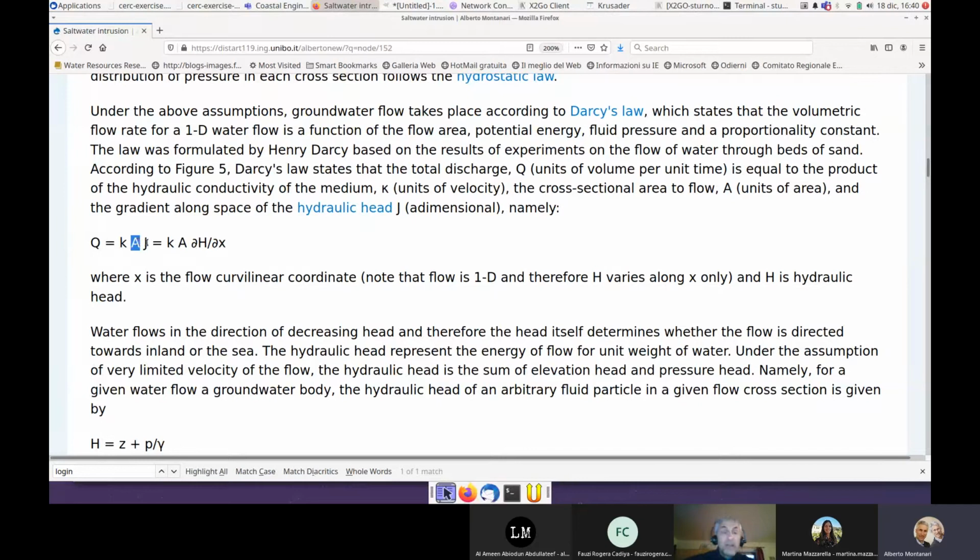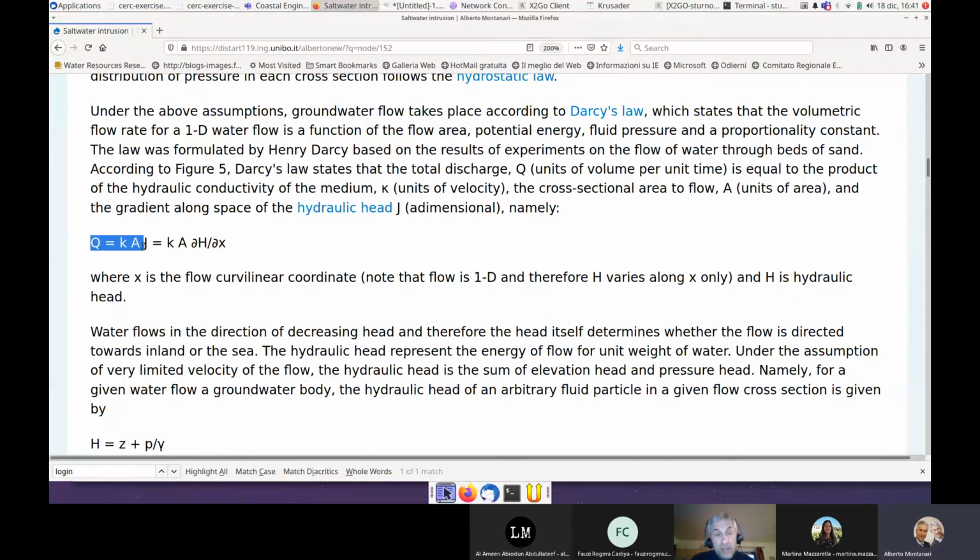The hydraulic head, if we neglect the kinetic component, is the energy of water, given by the potential energy that we discussed before. This energy decreases along the direction of the flow with a gradient. The higher the gradient, the higher the flow, and this is reflected in Darcy's law.